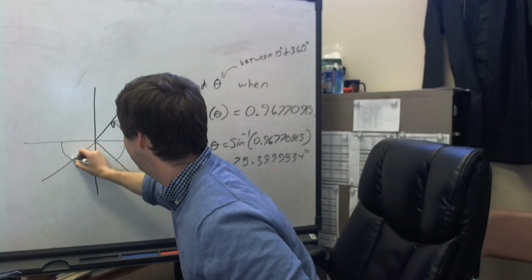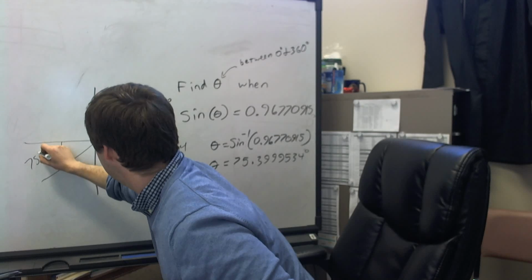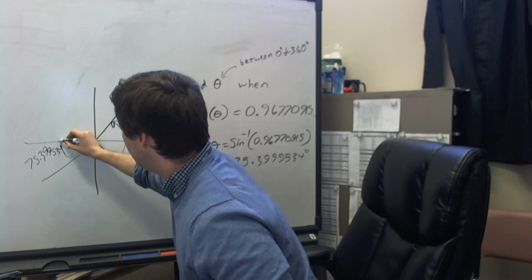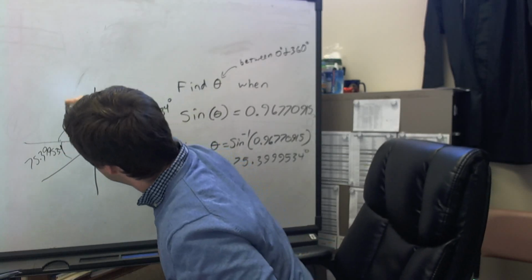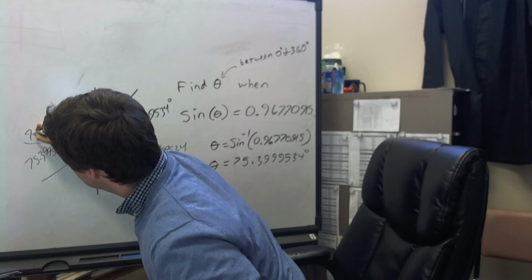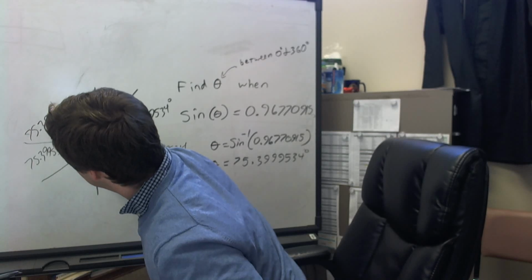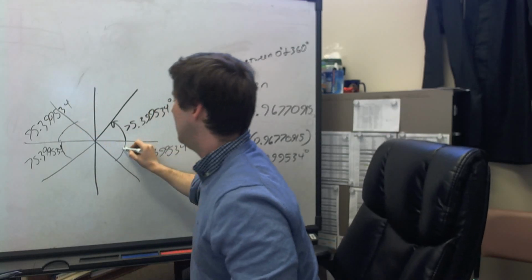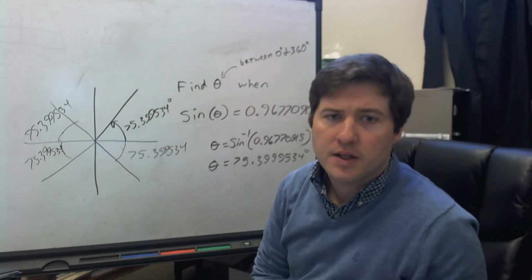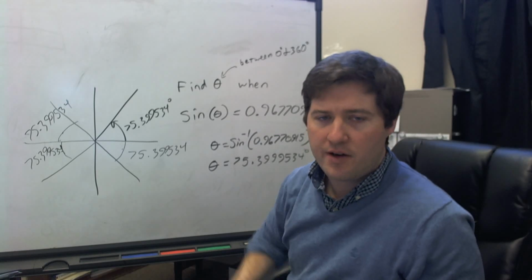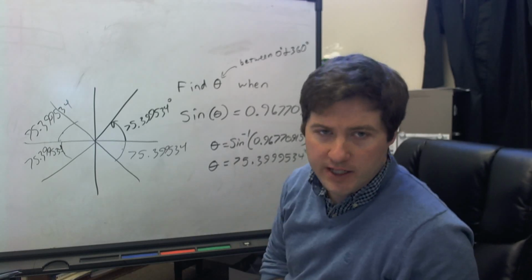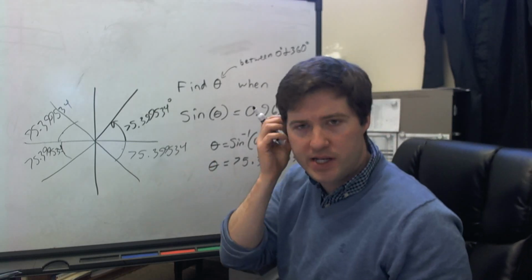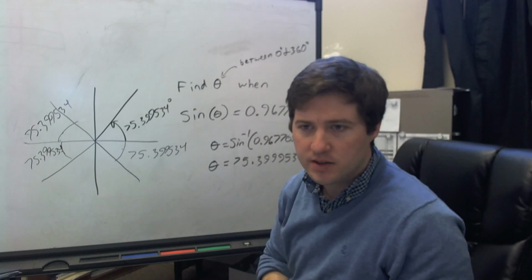This one has a reference angle of 75.3999534, and this one too. So we've got 4 total angles that have reference angles of 75.3999534. So the question is, how do I know which one of these actually satisfies my equation?